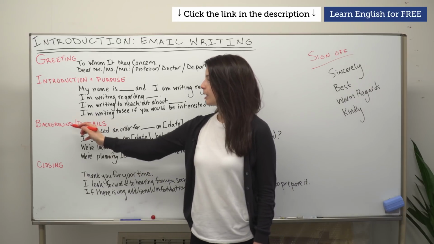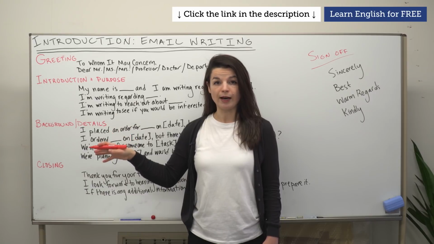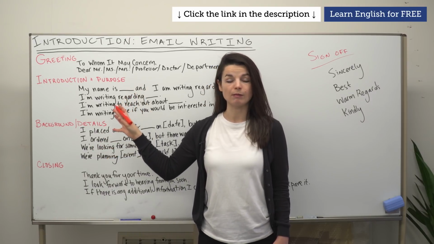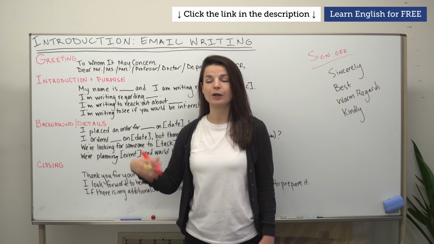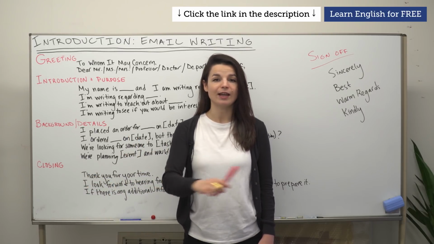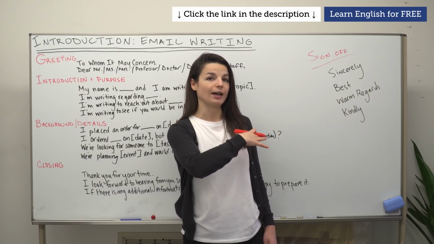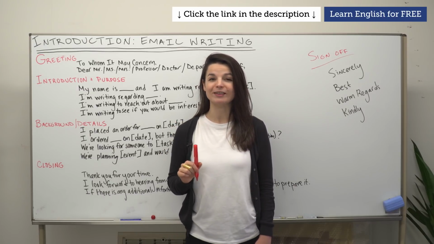Following that will be any background information or any details you need to provide to make the purpose of your email clear. Following that, a closing statement, something to wrap up to show your reader you're ending the message, and then a sign-off, which is really the final point before your name in the email. So we're going to talk about these points.